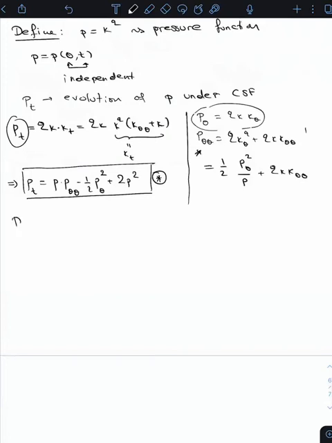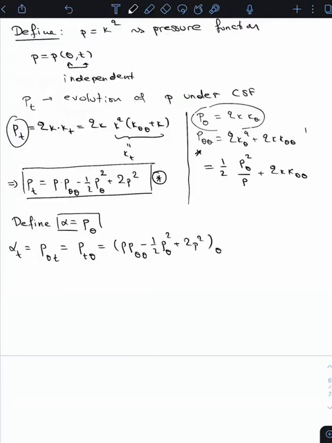Now, another quantity that will be useful is P_theta. So we're gonna give it the name alpha, and we will again derive the evolution of alpha. So alpha is P_theta. I want to take the derivative with respect to t. Since t and theta are independent, I can switch them. And now I write what P_t is from the equation star, and I need to take the derivative of this with respect to theta.